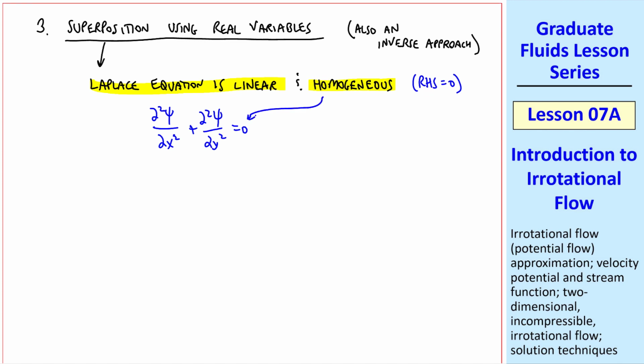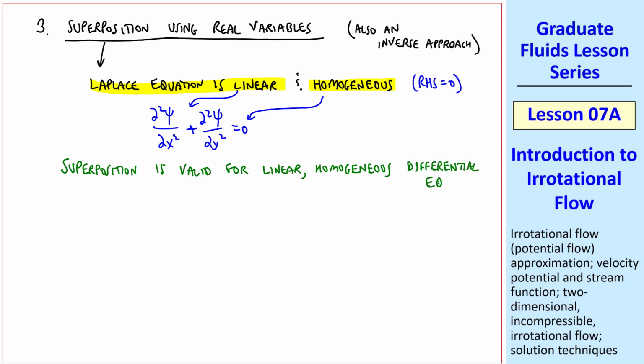So it's homogeneous. It's also linear, since the coefficients of these terms are not functions of psi itself. In fact, here they're just 1, but they could be other constants or functions of x and y, and this equation would still be linear. Superposition is valid for linear, homogeneous differential equations.